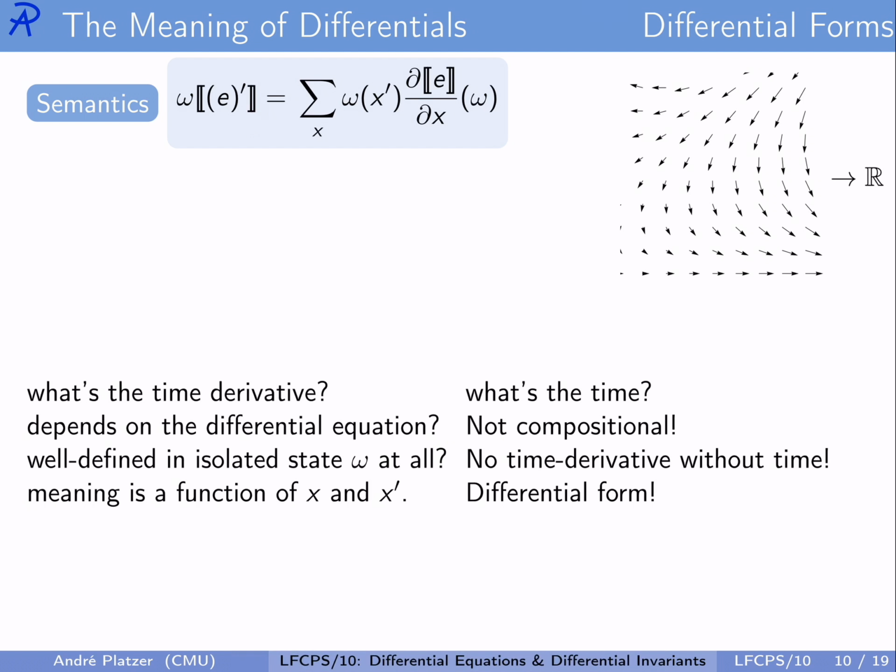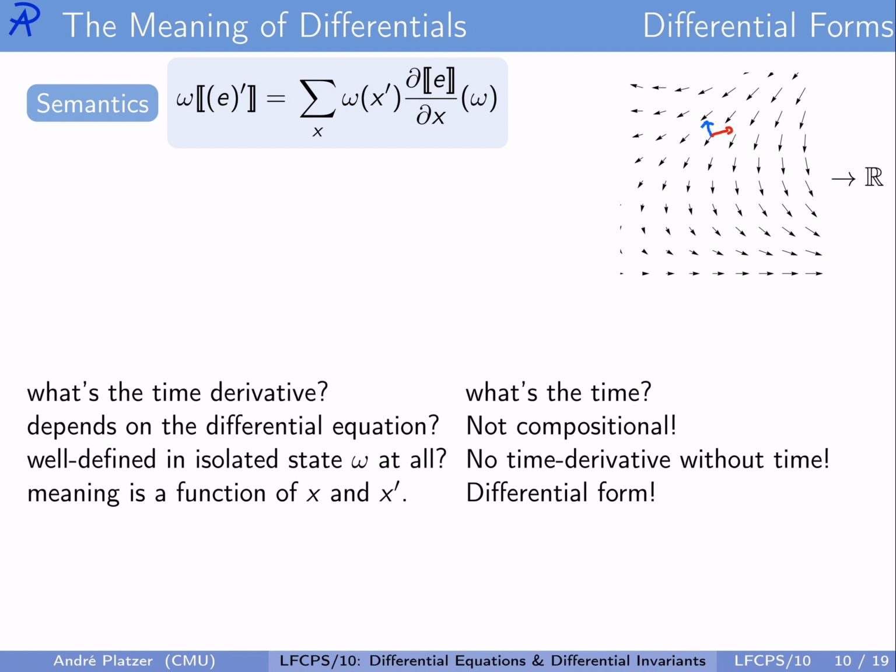In other words, it is a differential form. It's a mapping that maps to a real number, every state of a state space together with the state that the derivatives have at that moment. So for example, it would be different at this state, but also it would be different depending on whether you have the blue direction, or you follow the red direction, or you follow the direction that's already there.